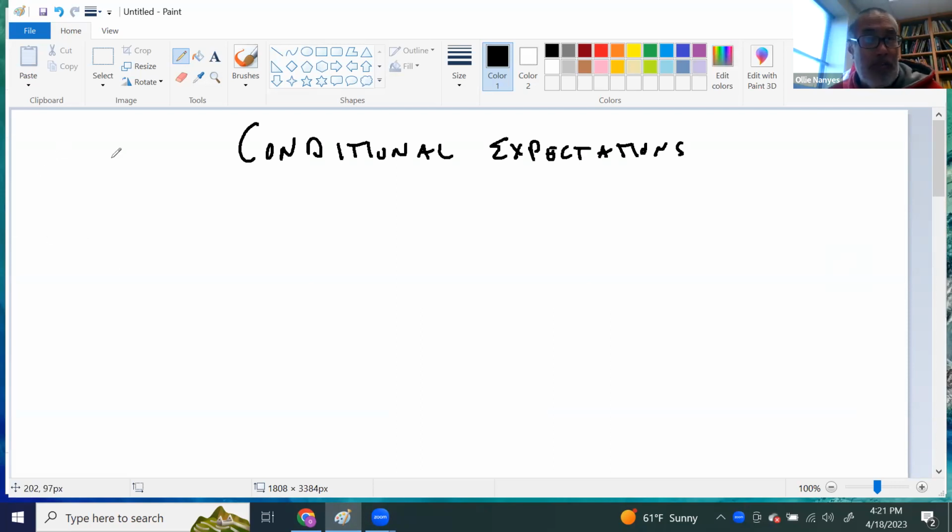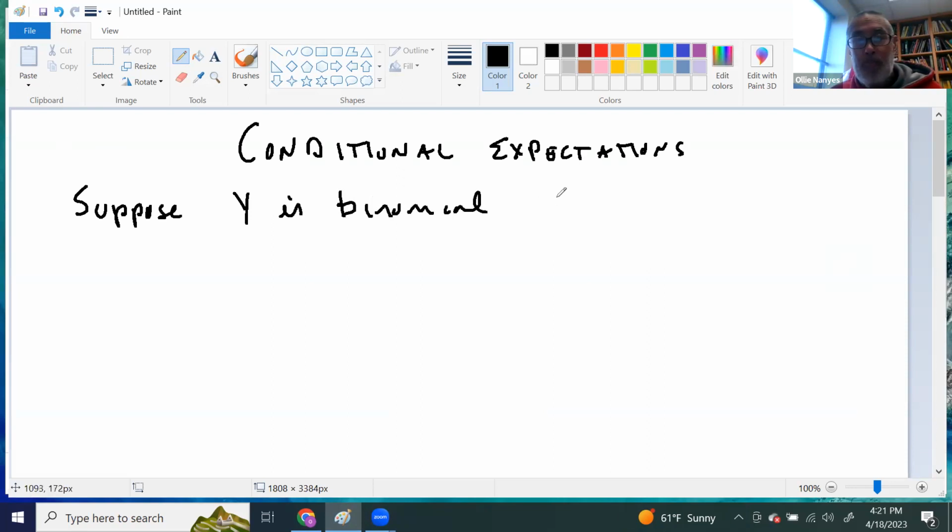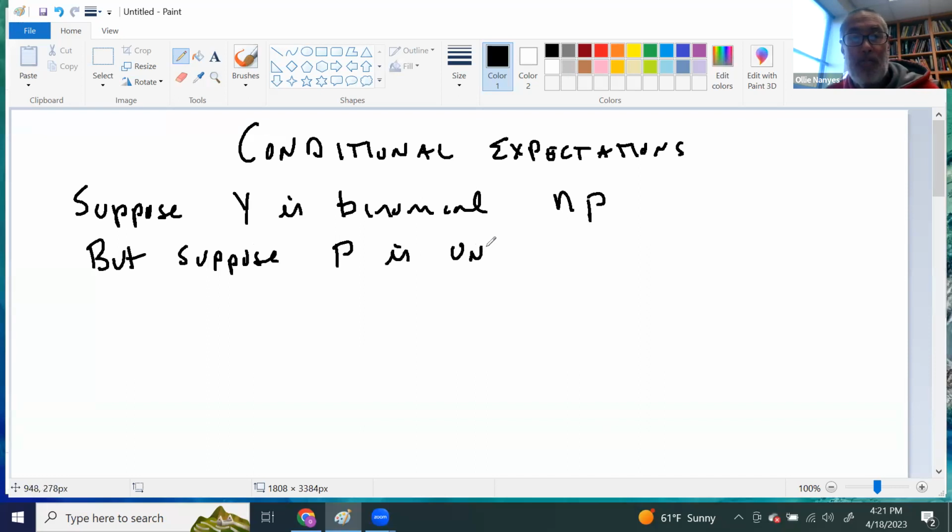Suppose you had y is a binomial with parameters n and p, but suppose p, the parameter for the binomial, is uniform on, let's say, 1/3 to 2/3.